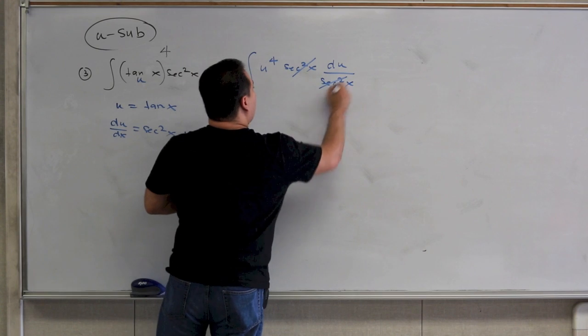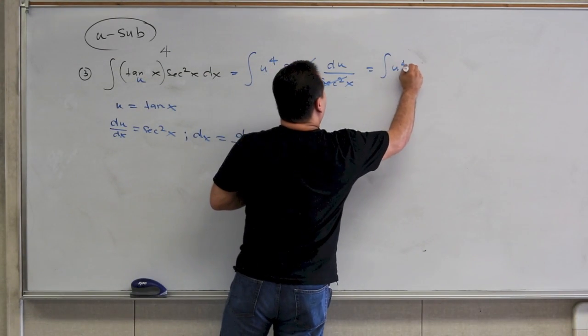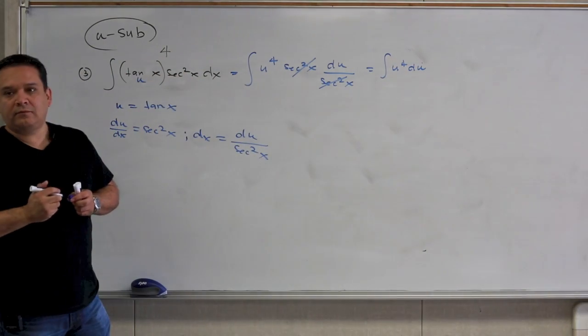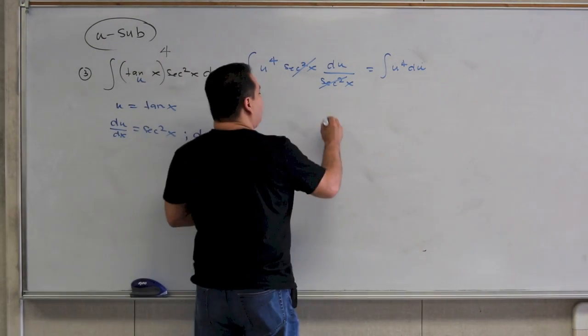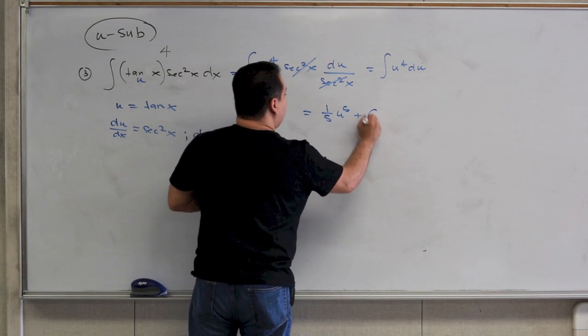And the secant squared x's go away. So this integral is simply u to the 4th du. Okay, again, power rule. I get 1/5 u to the 5th plus c.